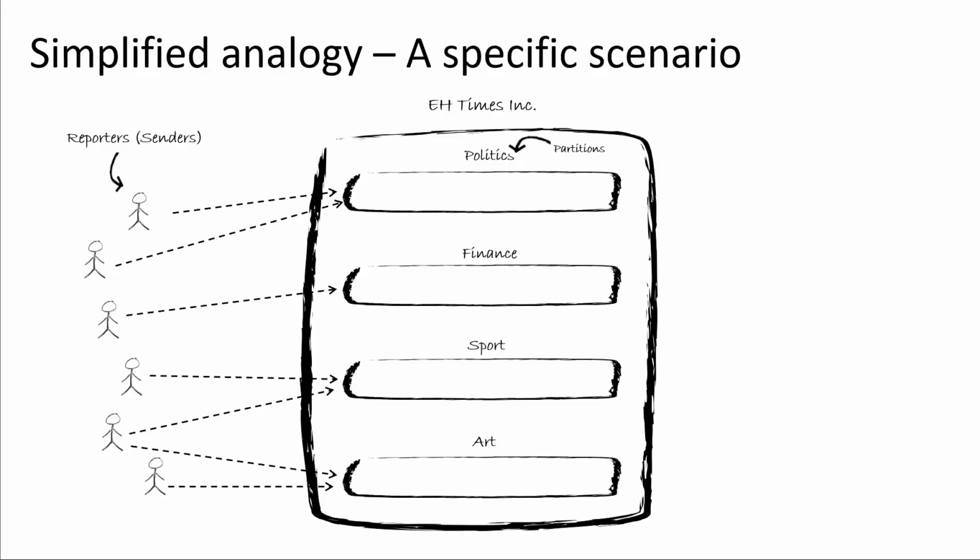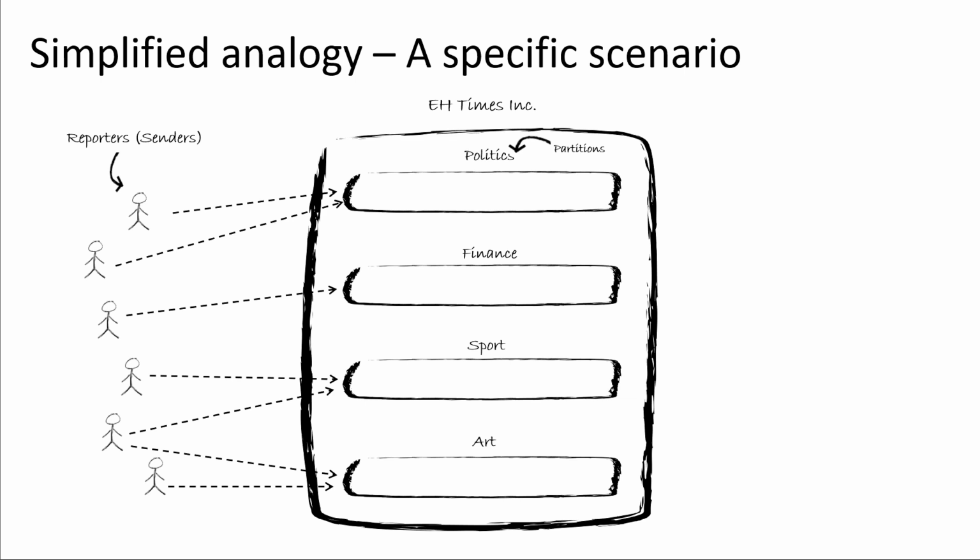These could be various sections of data, and I've just taken four of them, named politics, finance, sports, and art. Reporters get the data and push it into Event Hubs based on these sections, and these sections can be considered as partitions.